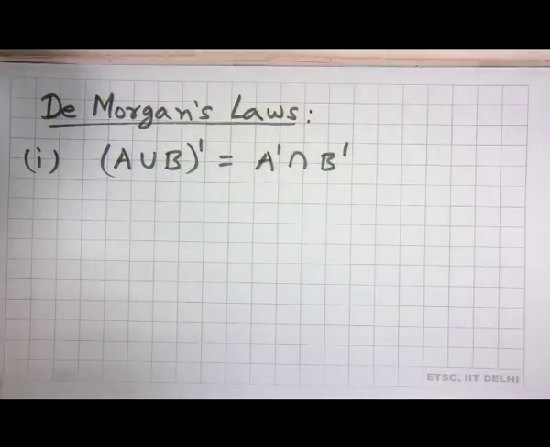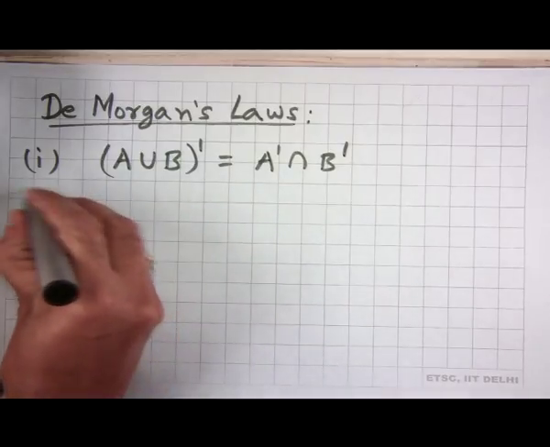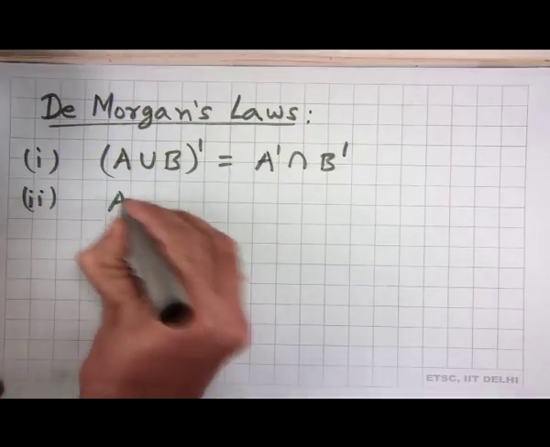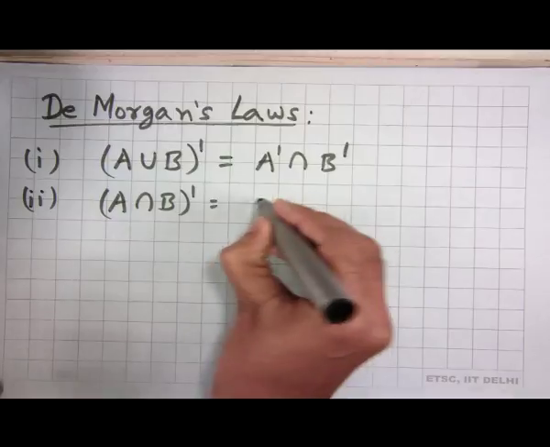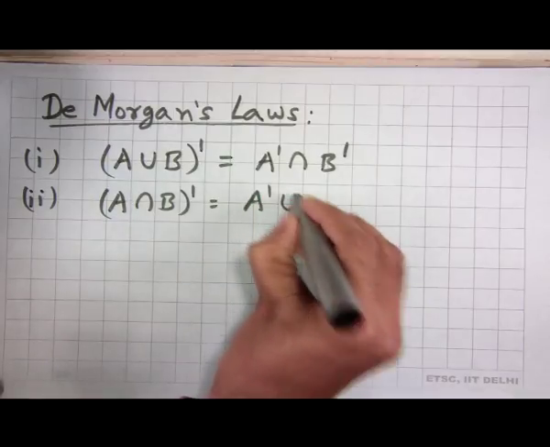A union B complement is the same as A complement intersected with B complement. And the second one, if I take the complement of the intersection, then I get the union of the complements.